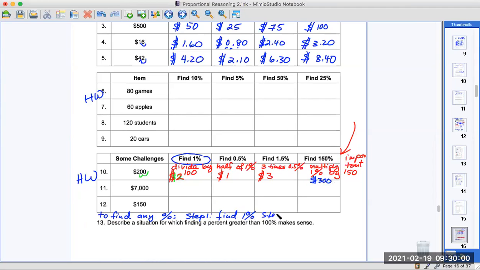Step 2, multiply by the percent you need. And I should squeeze in a word here, multiply answer.